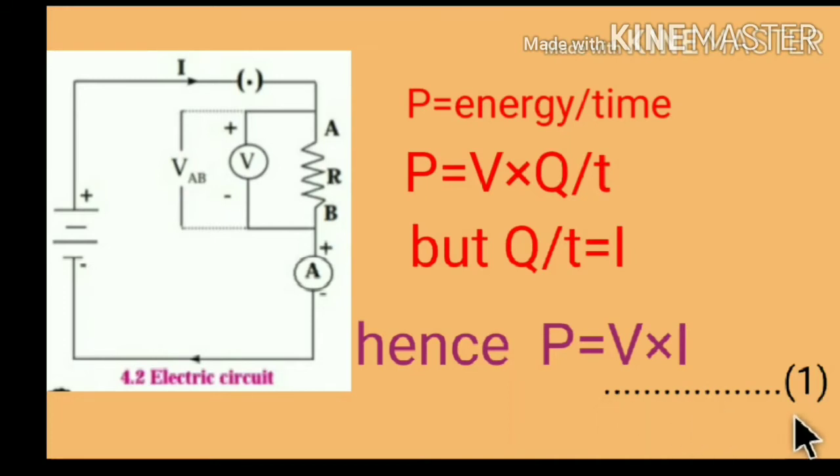The source of energy, the cell, gives in time t the energy P into t to the resistor. If I is the current flowing continuously through this circuit, the heat produced in the resistor in time t will be as follows.